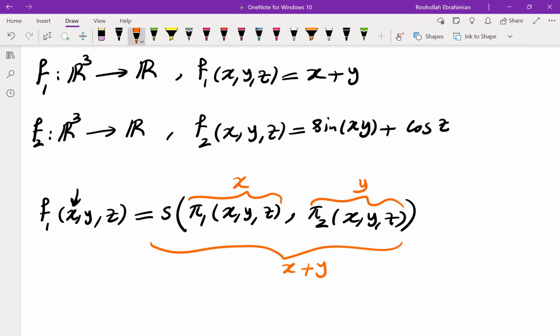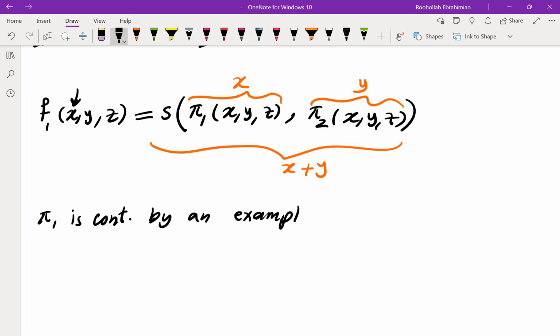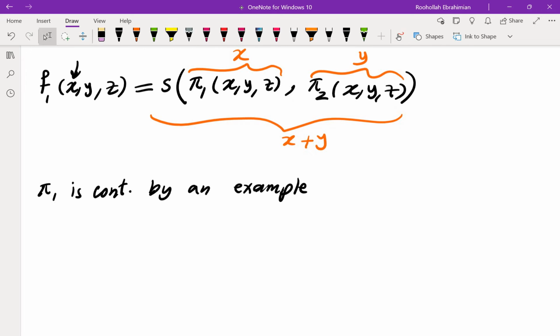Now this function is exactly the same as f1. It's a composition of a bunch of functions. So let me argue this. Pi 1 is continuous by an example. It was an example we did earlier in the previous video. Pi 2 is continuous, again by an example.